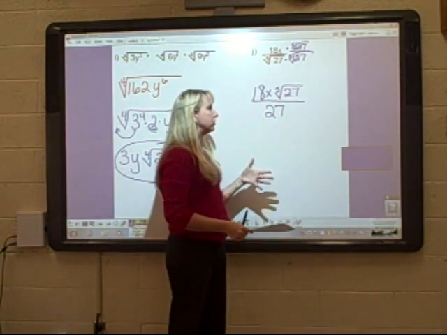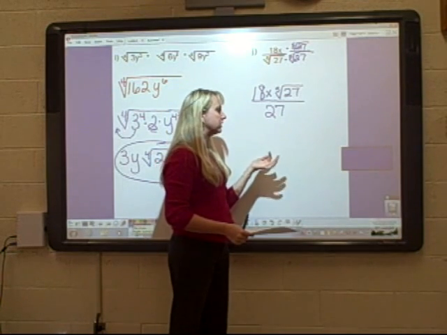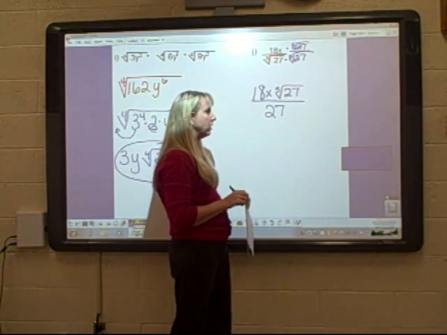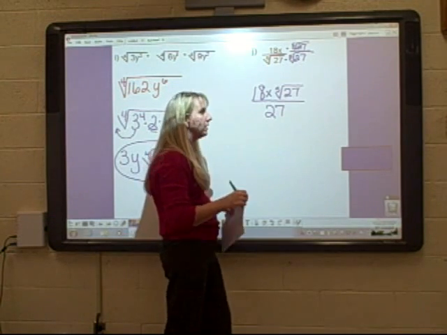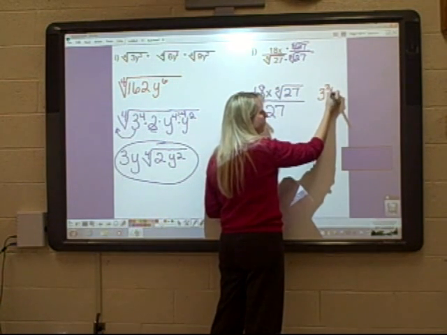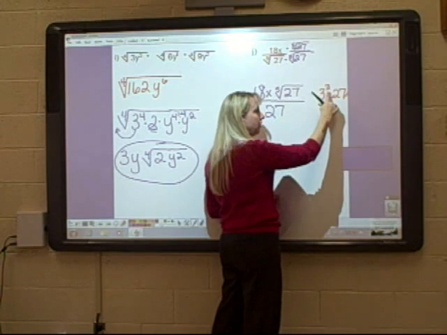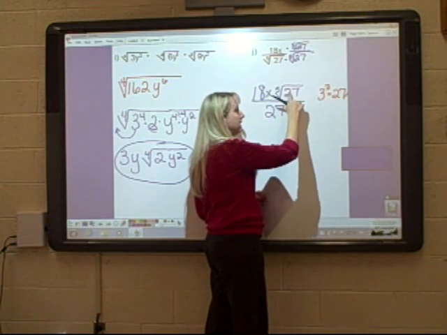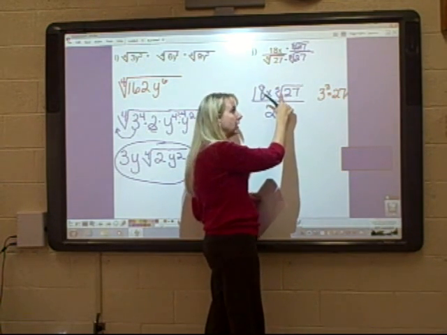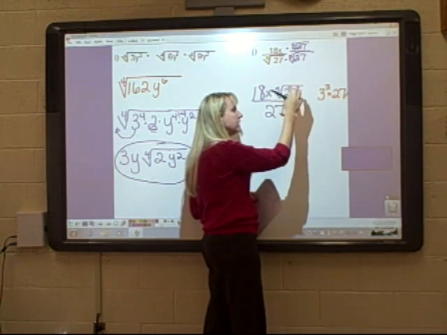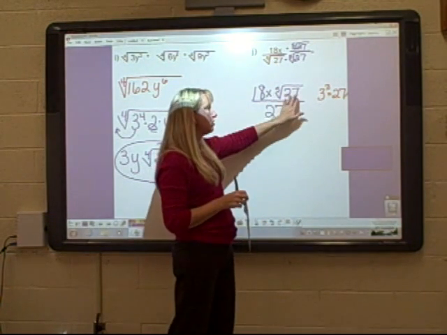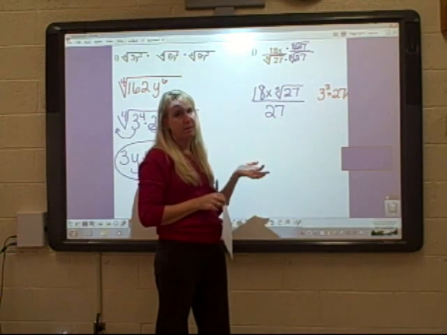Well, 2 to the 5th power takes us too much. 27, a lot of us think of as 3 to the 3rd. Well, 3 is not enough to get anything to come on the outside. I'd have to have 5 of something to get it to come on the outside. So this has to stay the 5th root of 27, because there is no 5th power of anything that can come out.